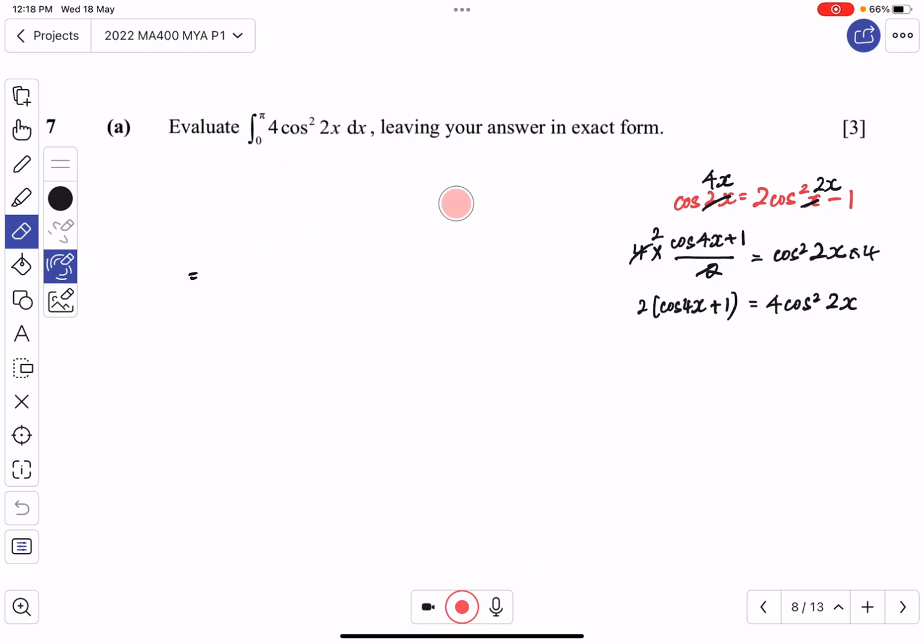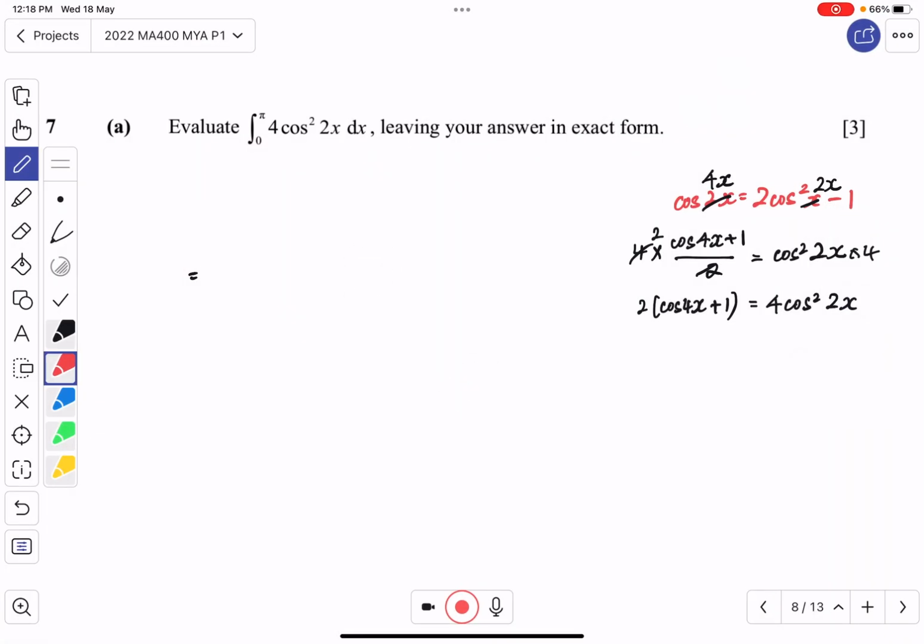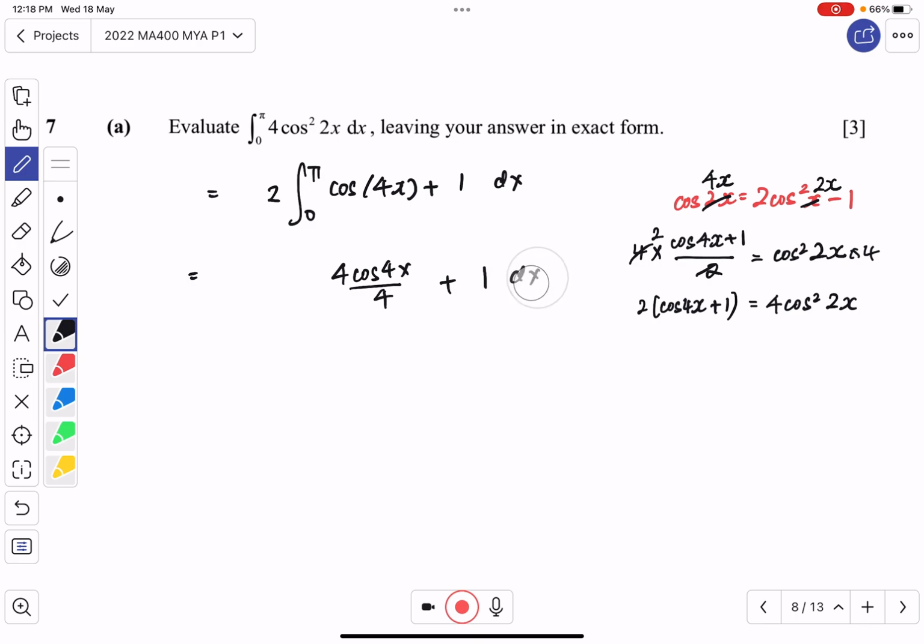Let me just rewrite this again. This is the same as integrating from 0 to pi cosine 4x plus 1, which is the same as 4 cosine 4x over 4 plus 1.